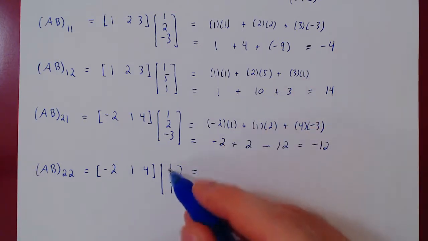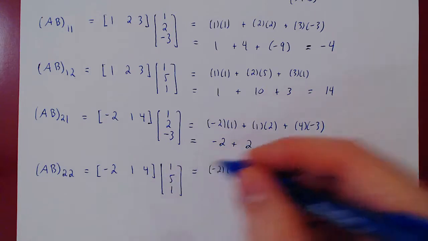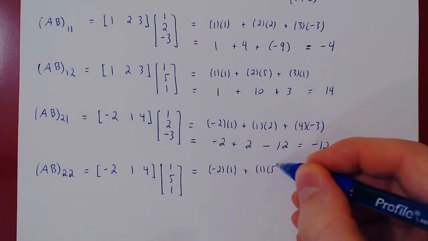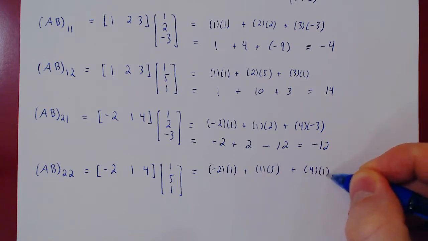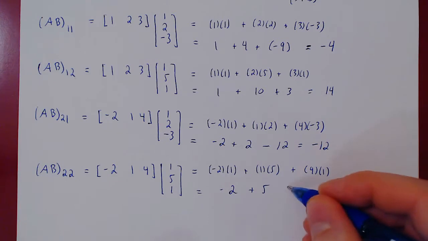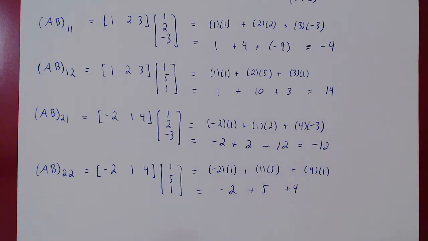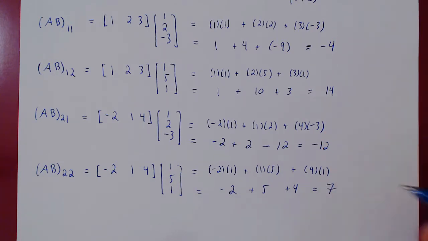So we get negative 2 times 1 plus 1 times 5 plus 4 times 1. So we get negative 2 plus 5 plus 4. 9 minus 2, positive 7. And so we have the entry in AB, row 2, column 2 is 7.